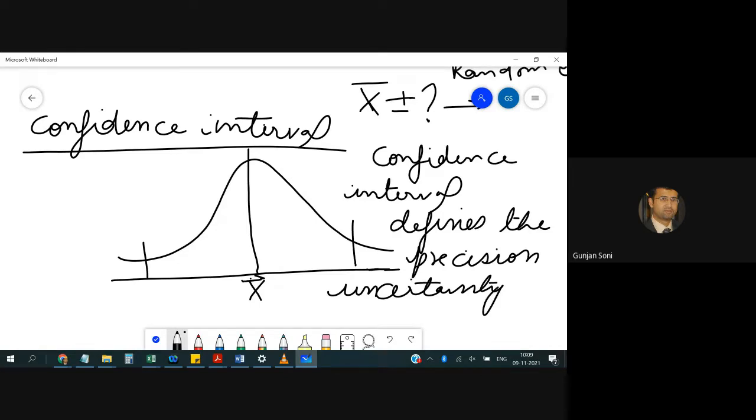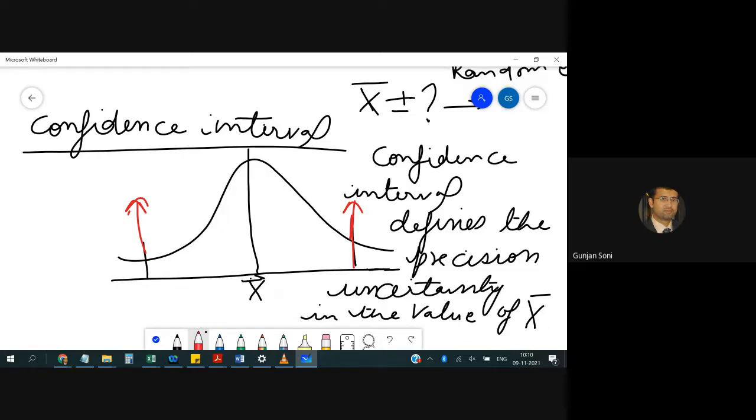In the value of x bar. Let's try to understand this term, confidence interval. These lines which I have drawn over here, you can say this limit and this limit, this is a confidence interval which is going to define the precision uncertainty in the value of x.